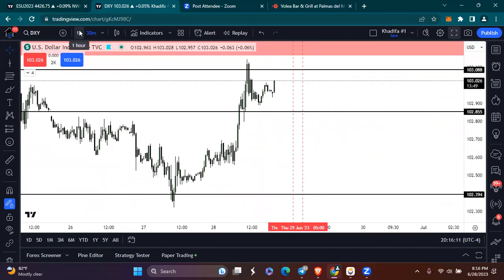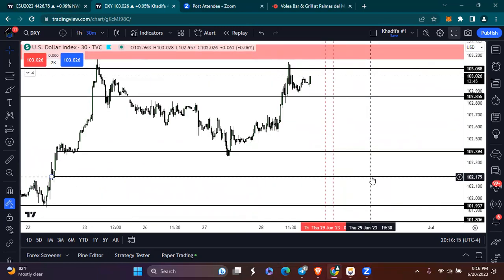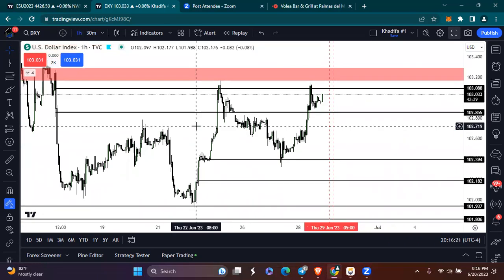Yeah, that's what I'm going to be looking for on the dollar.